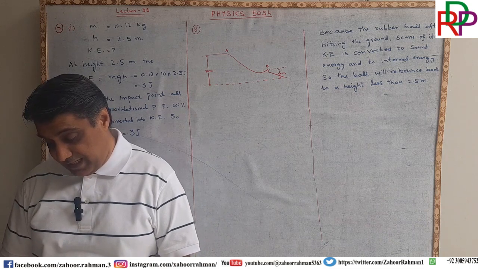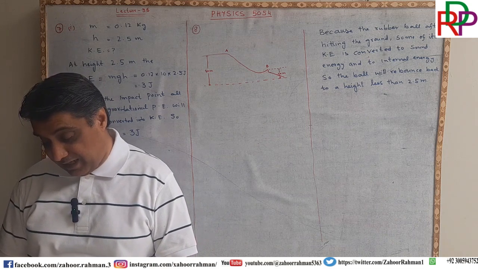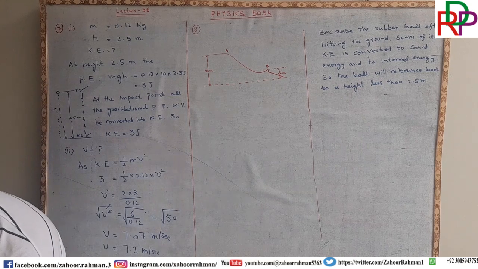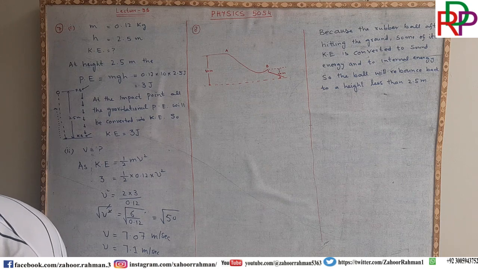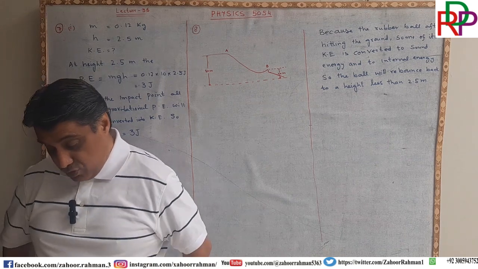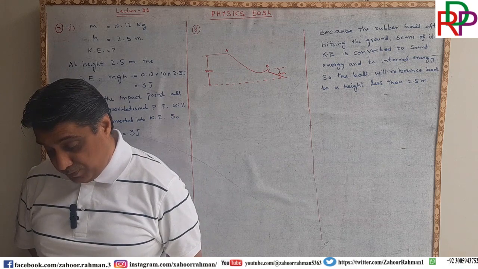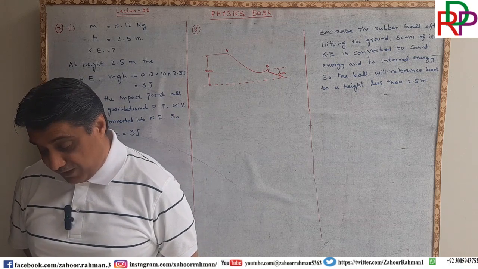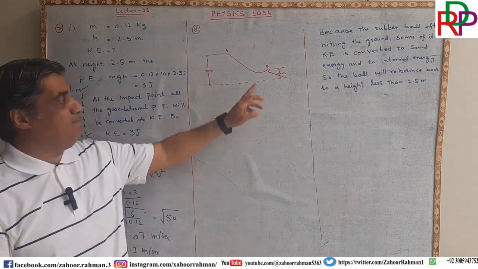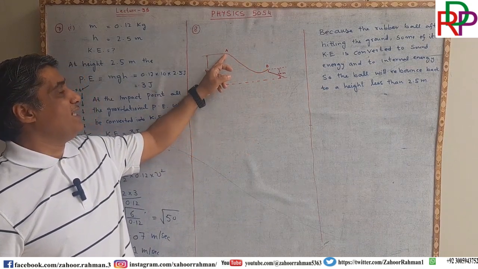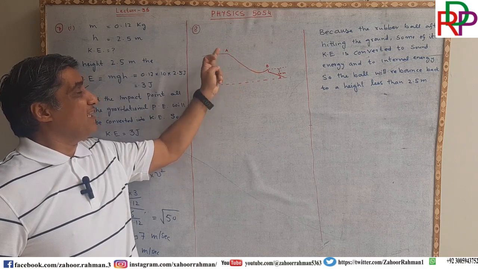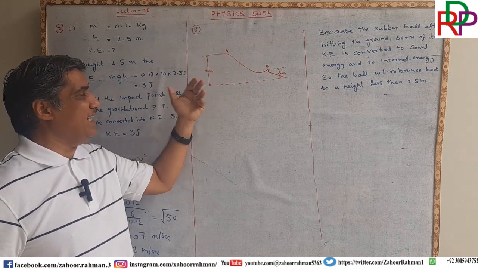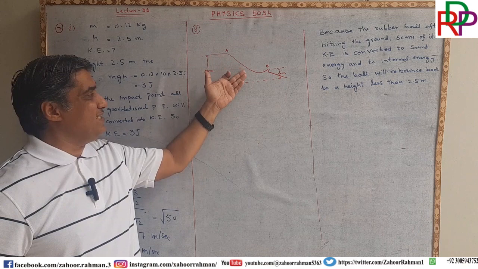A skier stands at A at the top of the ski jump shown in the diagram. He moves from A to B and takes off for his jump at B. Starting from point A, he gains kinetic energy, converting the potential energy at A into kinetic energy.